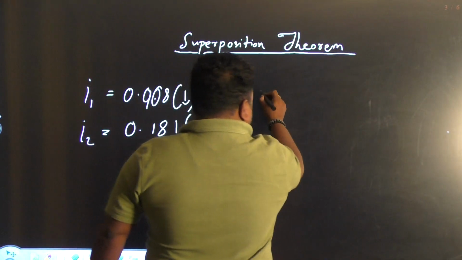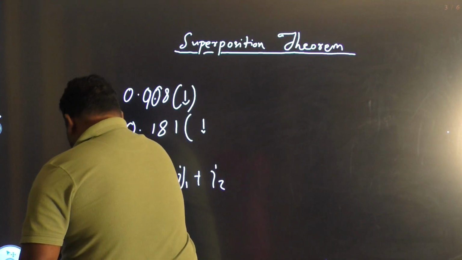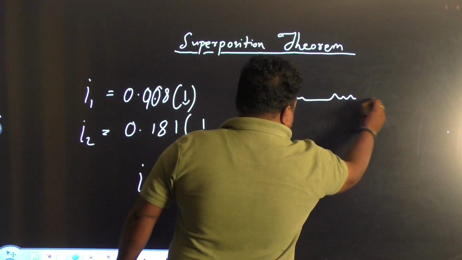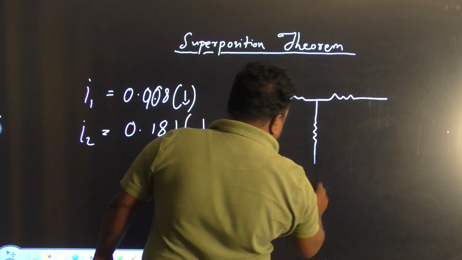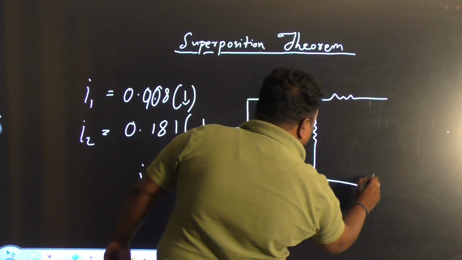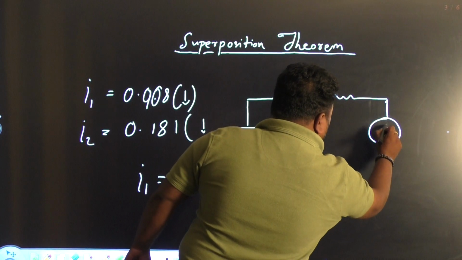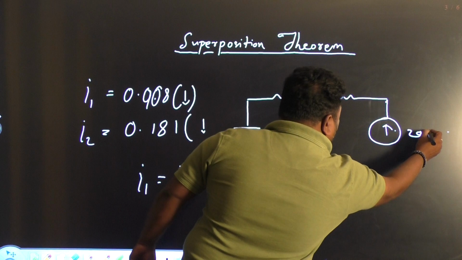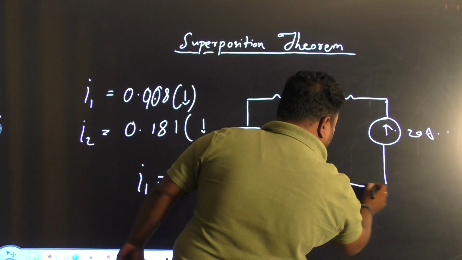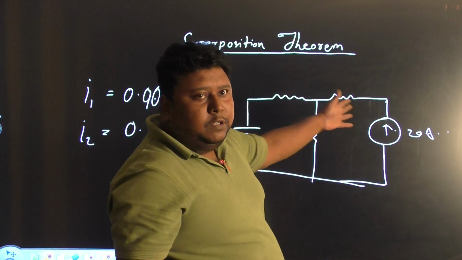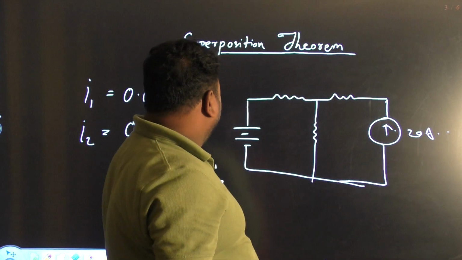Let me show you the circuit. Suppose here a current source is given rather than a voltage source. The same thing you have to repeat. You have to consider one source, eliminate another source.